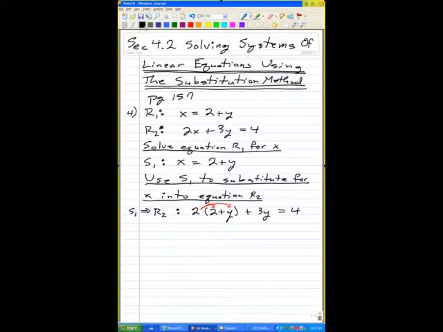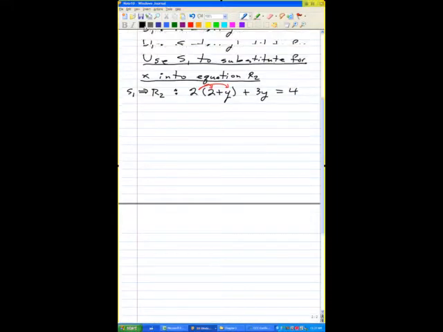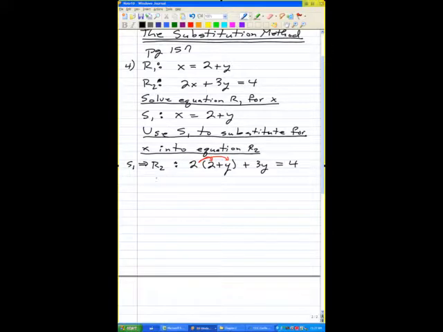So by distributive property, I have 4 plus 2y plus 3y equals 4. Let me combine like terms. 2y plus 3y is 5y. And so 4 plus 5y is equal to 4.